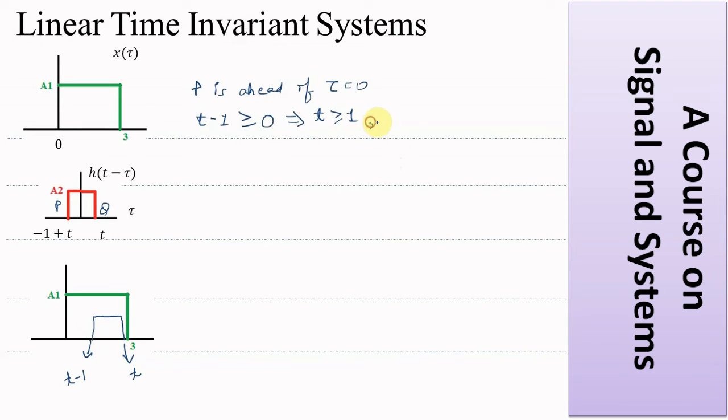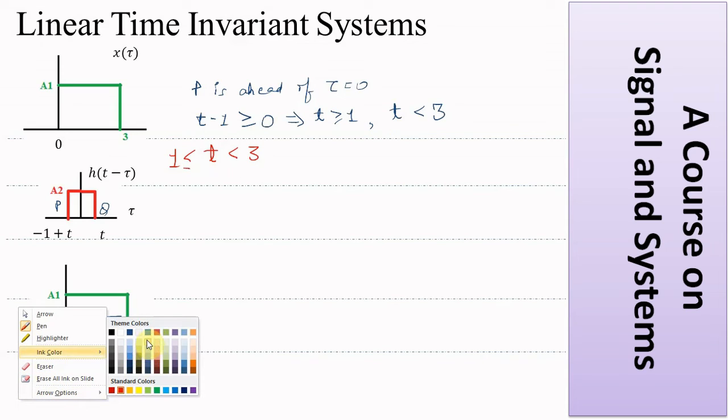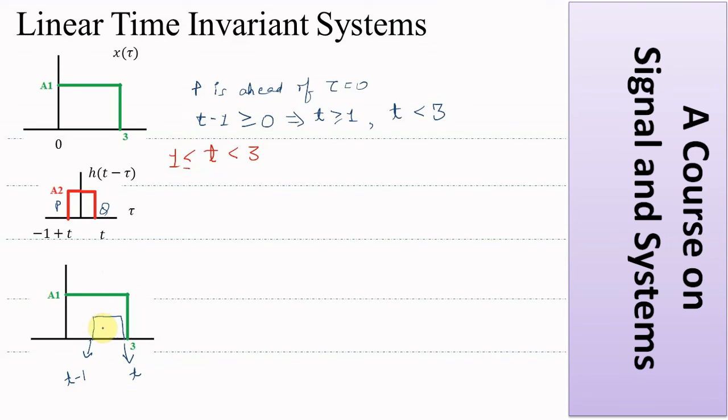So my next important point is that t is less than 3, not equal to, less than 3, which I can jointly write: this is my time, starting at 1 and behind 3. In this case, you can directly see here that the overlapping is the whole area, right?